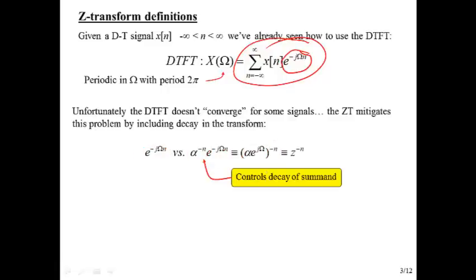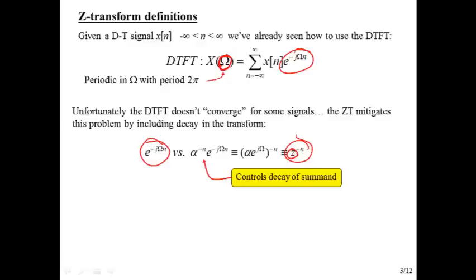Let's call that complex variable z. So now we're able to change z, instead of being limited to things that have unit magnitude, we'll let z be any complex variable value and plug that in up here. So instead of having this thing, we're going to have z to the minus n. And therefore, instead of having this be a function of omega, it's going to be a function of z.